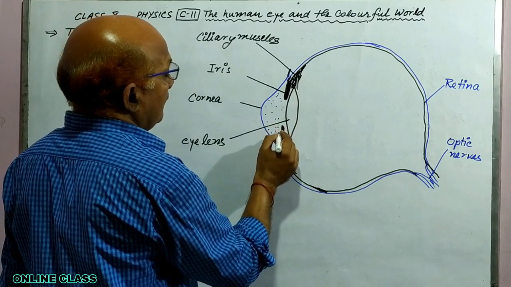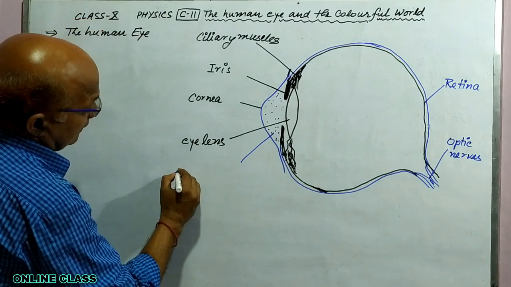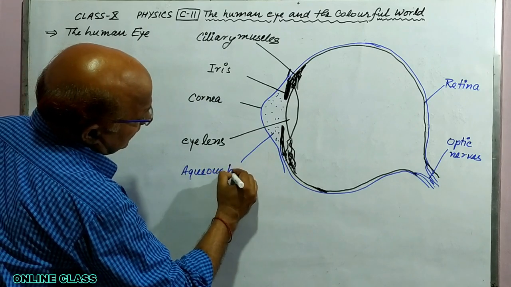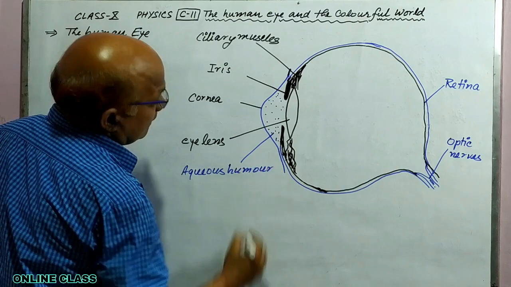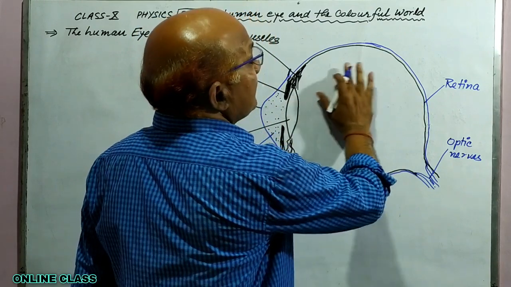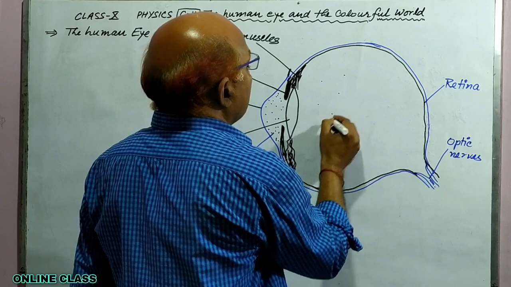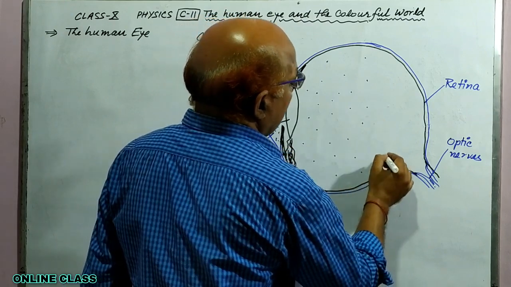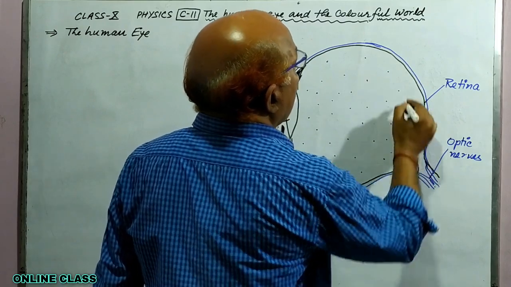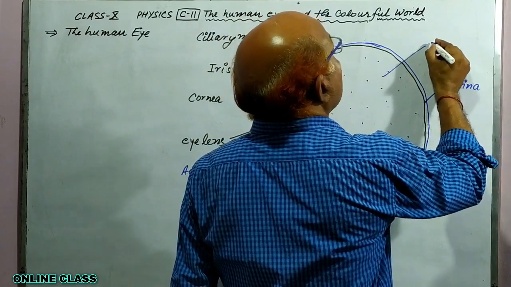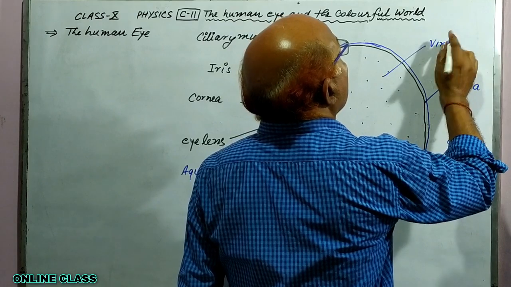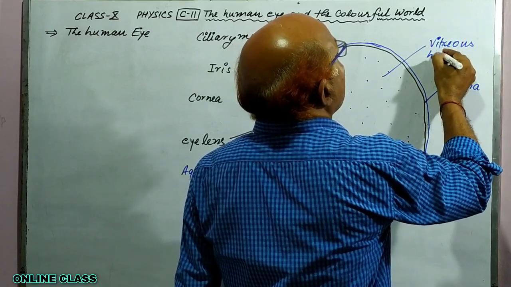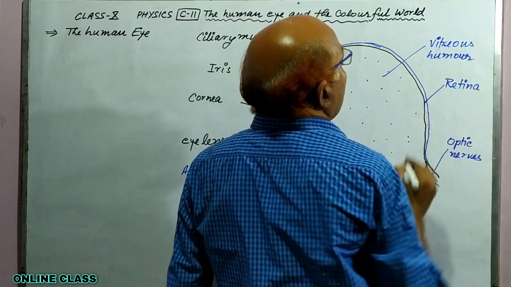This liquid is aqueous humor, and between eye lens and retina there is liquid filled, this liquid is called vitreous humor. Okay.